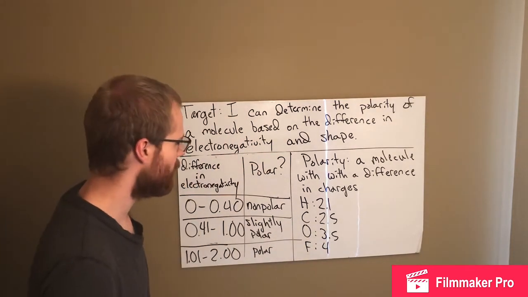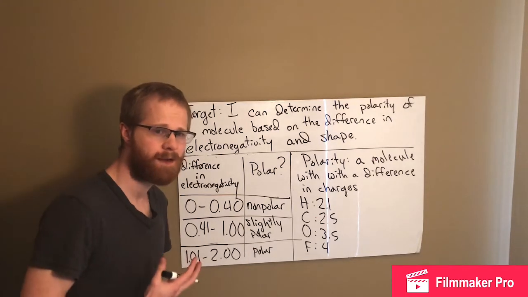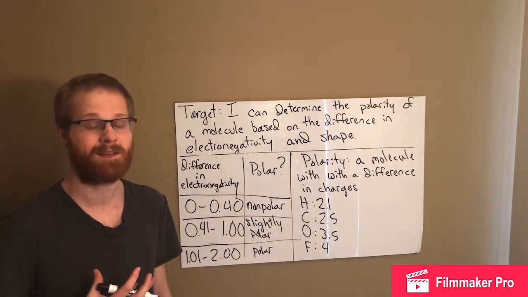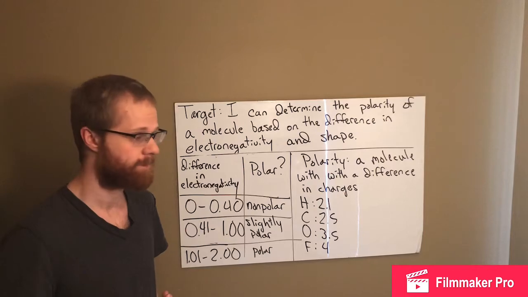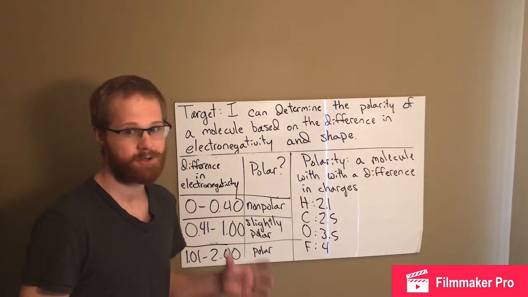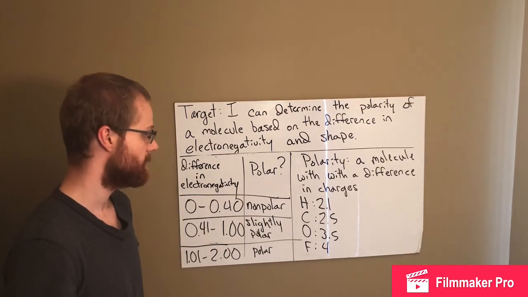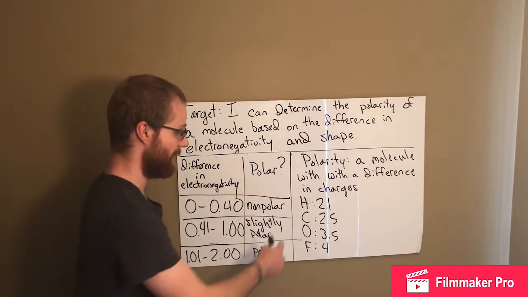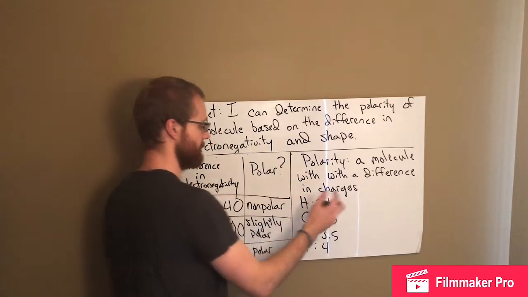Okay. So let's look at a couple of different bonds to see if these bonds would typically be polar or non-polar. Basically, is there an unbalanced charge on one of the two atoms? So let's say, for example, I've got a carbon atom and a hydrogen atom.